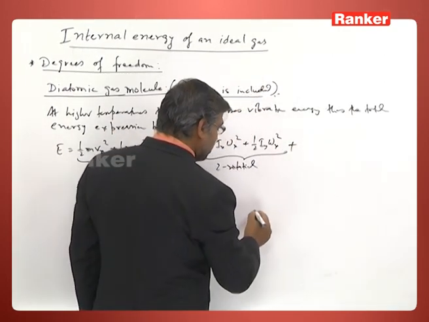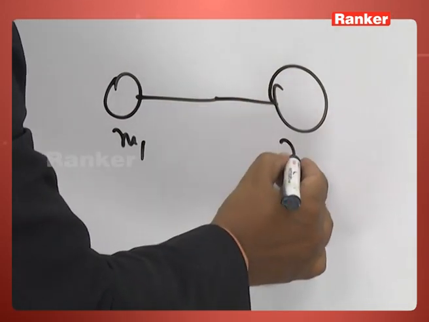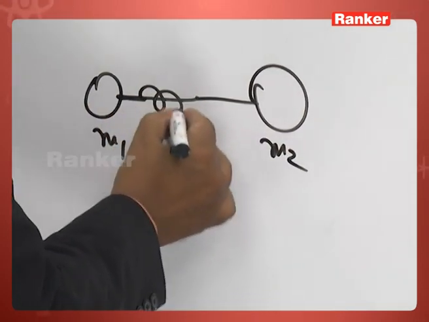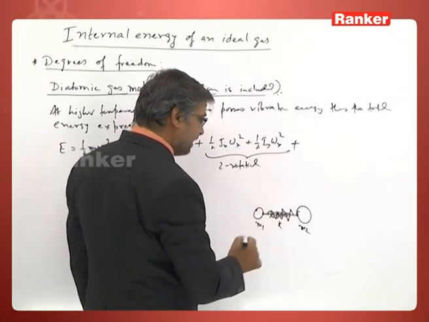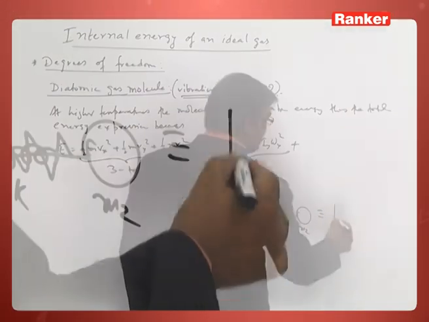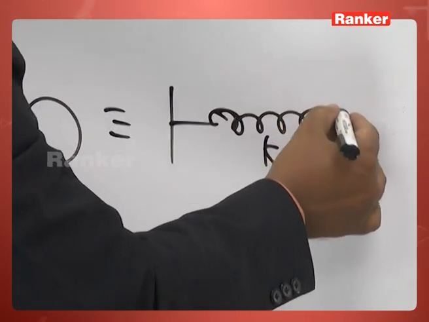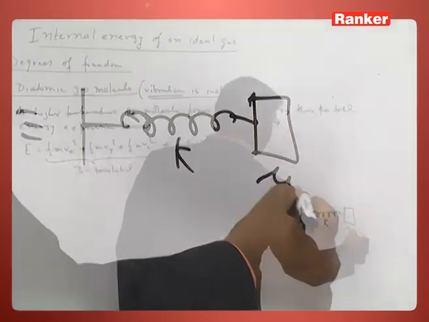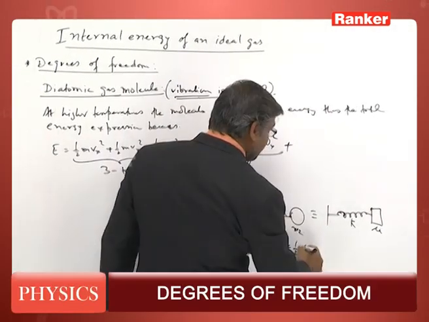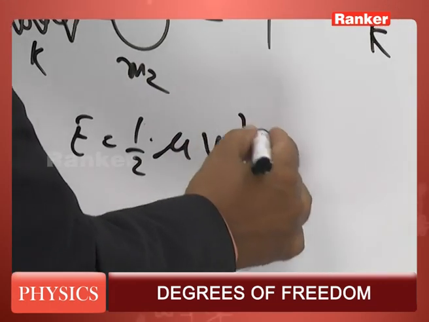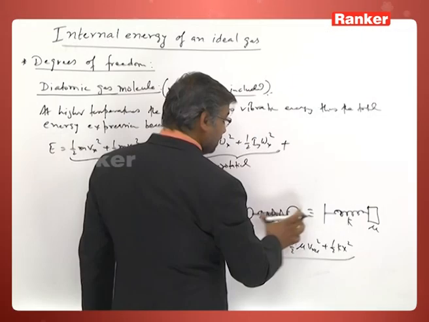You recall, suppose we have a mass m1 and then another mass m2 connected by a spring. Suppose this is a spring of spring constant k, then we can replace this by a spring of spring constant k and a single mass called reduced mass, and the total energy then becomes half mu v relative square plus half k x square, where v relative is the relative velocity of these two.